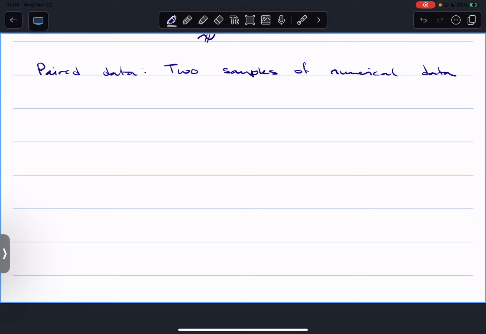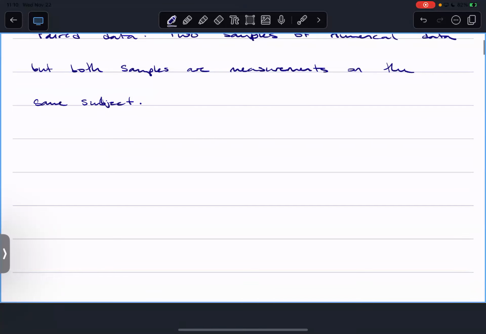But both those samples are measurements from the same subject, usually. Both samples are measurements on the same subject.